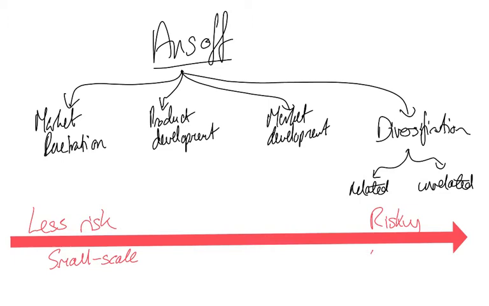At the other end, they are going to be significant strategic decisions which need to be made, okay? And as we move to the right, we're going to be involving more and more and more of the functional areas. Diversification would involve significant strategic decisions on all aspects of the business. So the first thing we think about Ansoff is in terms of the level of risk, and the second thing is the extent of strategic decision making which it demands.